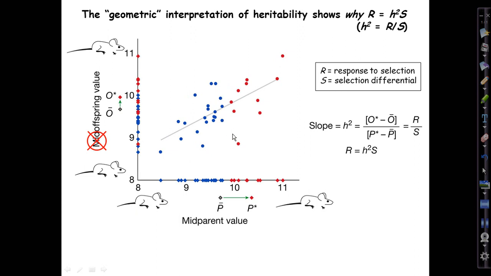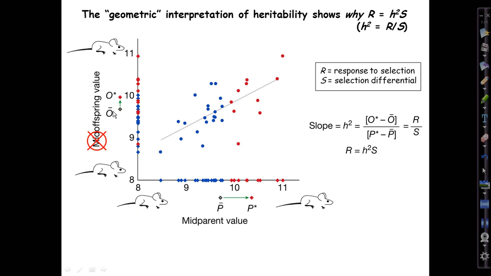And the point of this figure is to help you see that indeed the progress, the improvement, if you will, in the population that's achieved by the selection is defined by the slope of this line, by the rise over the run. That is to say, the slope does let us predict how much the mean of the offspring population will have been moved from what it would have been if there had been no selection.